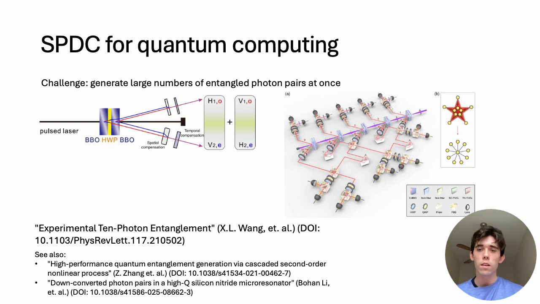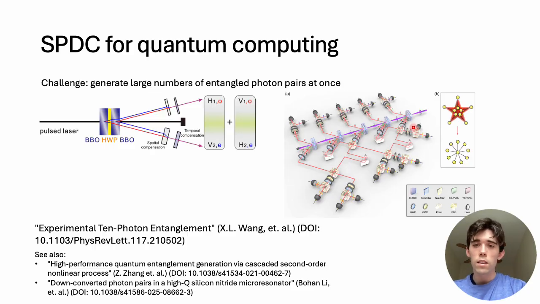So in terms of the state of the art on optical quantum computing, there have been some papers which try to use spontaneous parametric downconversion to increase the number of photon pairs that you can work with. So this is an example where they were able to work with 10 photon pairs at once. The way that they did it was by using these individual photon generation events, similar to the technique that I discussed earlier, and then combining multiple sources at once in order to get multiple photon pairs to use in the quantum computation.